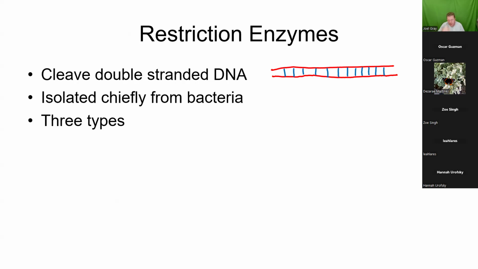Now add to the chat somebody, what type of bond holds my nitrogenous base pairs together? So when you have G and C and A and T, what type of bond holds those together? Absolutely, it's a hydrogen bond. You're 100% correct. So hydrogen bonds hold the middle together.